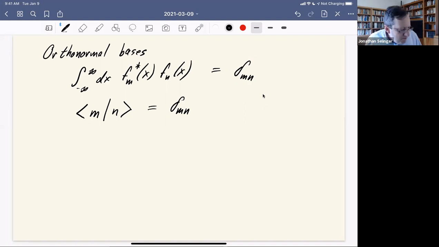Now we could use this to figure out the coefficients. This is like what we did with the Fourier trick, to find the coefficients in a Fourier series.